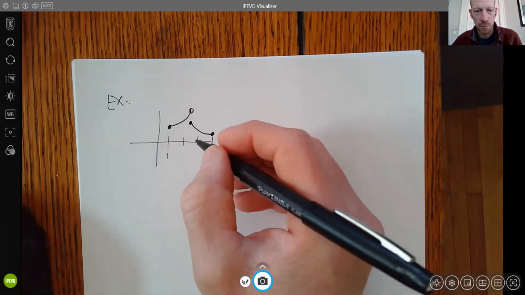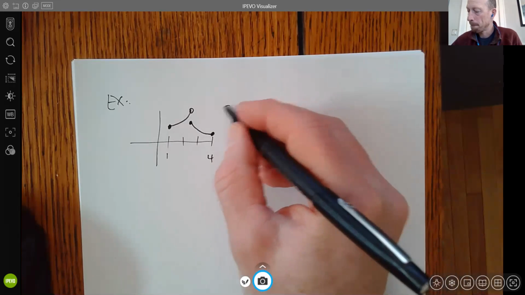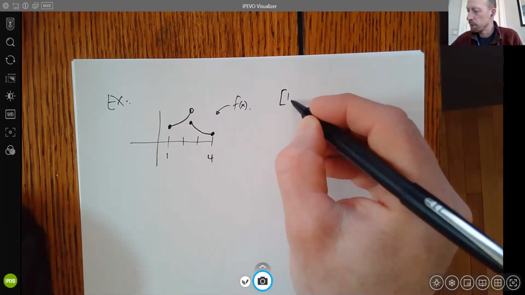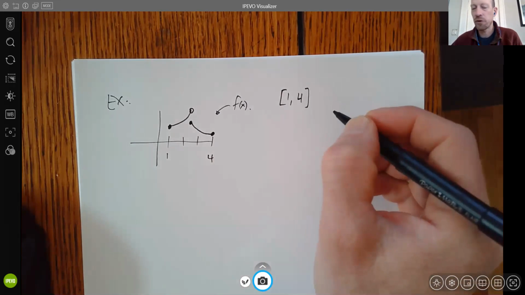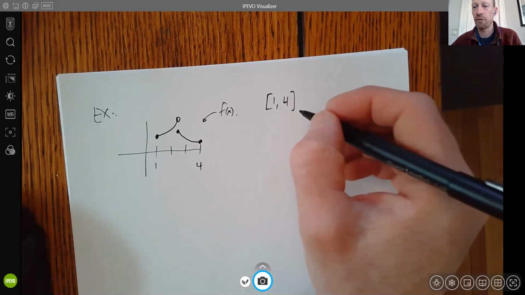And let's say we were trying to find the max and min of this function on the interval 1 to 4.